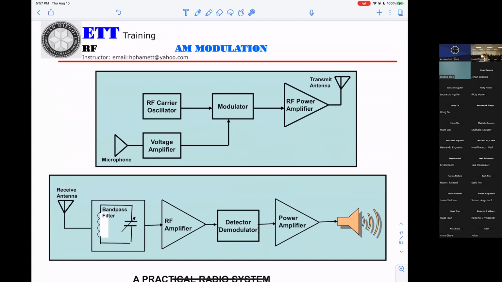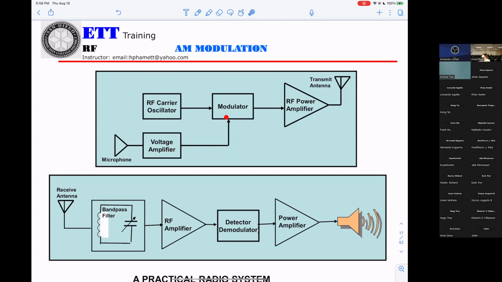AM modulation. This is a simple block diagram for AM modulation. This is your voice right here. It goes to the microphone, then to the amplifier. The reason they need the amplifier is that your voice signal will be very, very weak. It cannot work in the circuitry. So that's why they need a voltage amplifier.